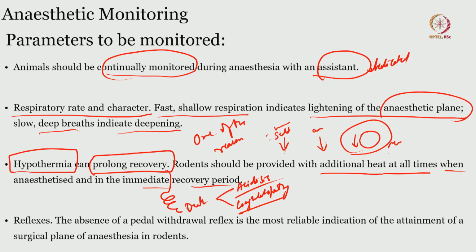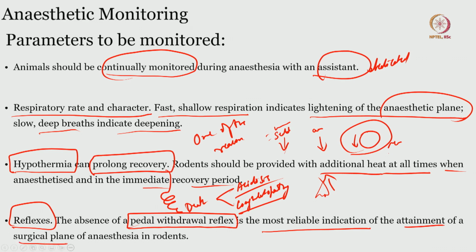All right. So, the reflexes, this is a very important parameter, absence of a pedal withdrawal reflex. If you all remember the illustration I did, I said when you pinch there is a withdrawal of the hind paw. This is the most reliable indication of attainment of a surgical plane of anesthesia in rodents, because you are giving pain and you are looking for lack of motor response.